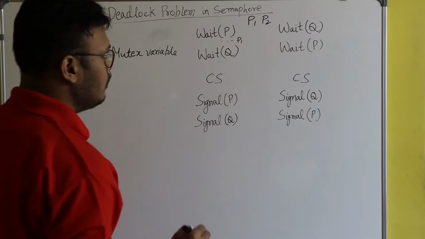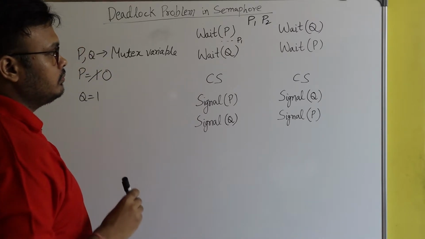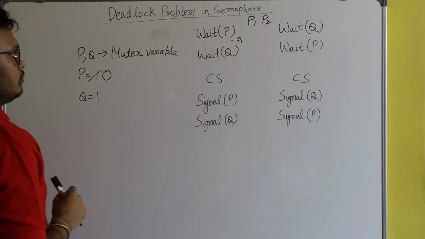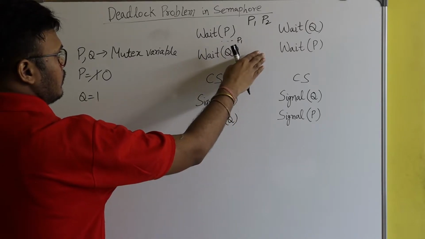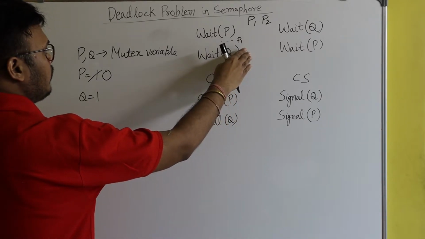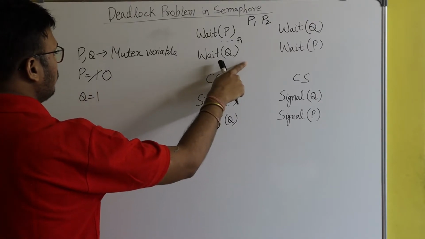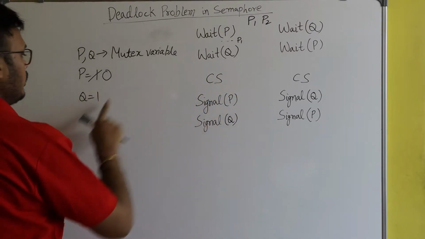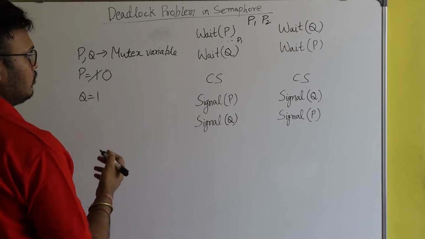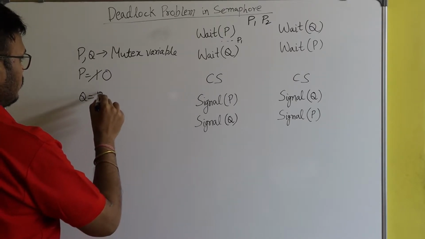Now P1 will execute this line, wait of Q. Q is equal to 1, so now P1 will make it 0.